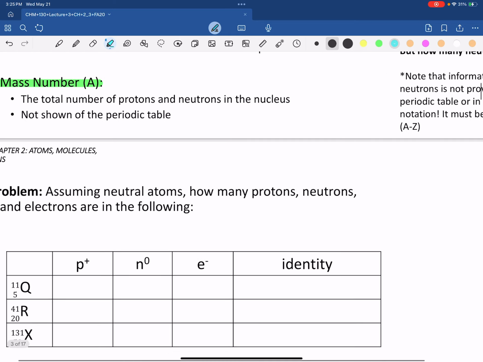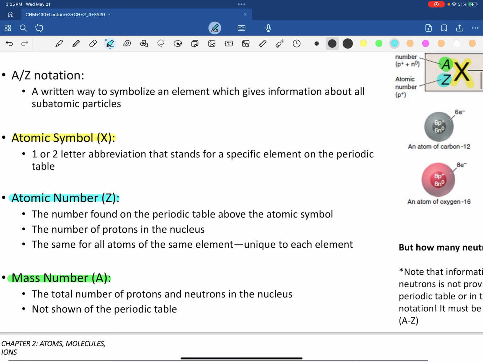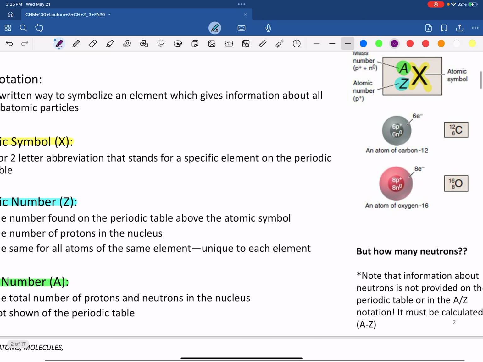Okay. The last little bit is the mass number. The mass number is the total number of protons and neutrons in the nucleus. It is not shown on the periodic table. You really do need to figure out the mass number based on your A and your Z. So really, if you're looking at, say, for example, carbon, it'll say 6, and then it'll say C, and then it'll say carbon, in box number 6.